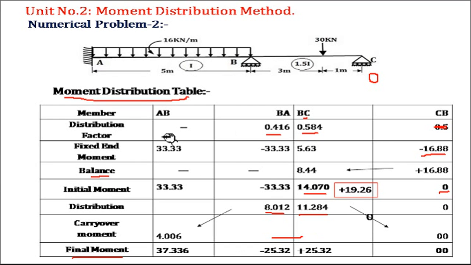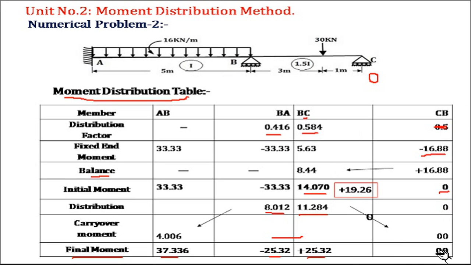The final moment in member AB will be 33.33 plus 4.006. The final moment is 37.336. The final moment in member BA will be minus 33.33 plus 8.012, which is equal to minus 25.32. The final moment in member BC is 14.070 plus 11.284, that value is 25.32.